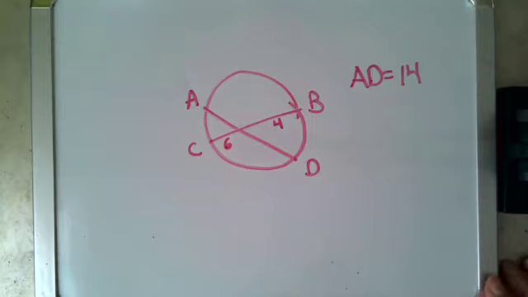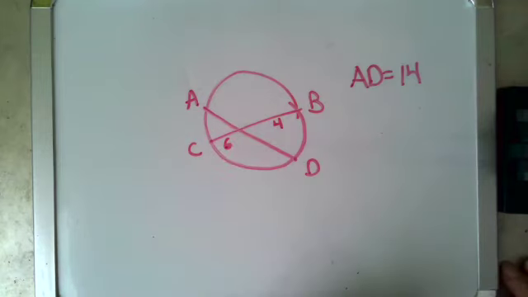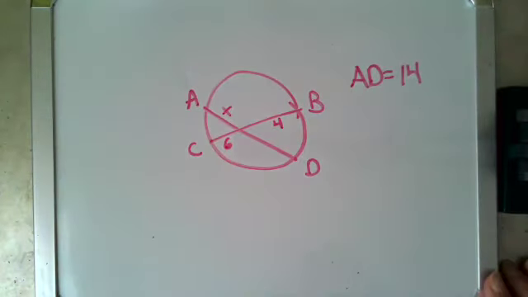Okay, so the way we get to work is we want to define both of these parts in terms of the same variable. So I'm going to pick one of the parts and call it X, which means I can define my second part as 14 minus X. And that's key. You don't want to define it as X and Y because then you're going to have one equation, but two variables, right? We need the same number of equations as variables.